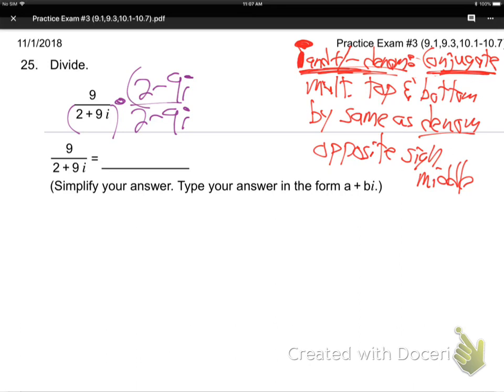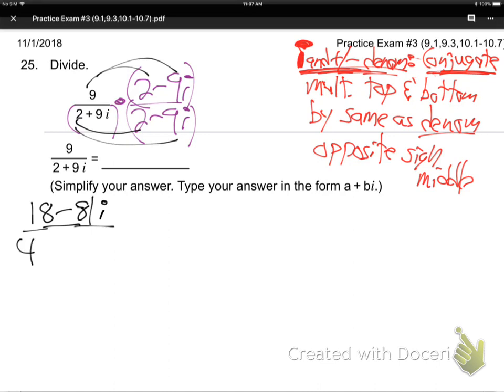Okay, and so let's do it. So this 9 goes boom, boom. And so we're going to get 18 minus 81i on the top. On the bottom we're going to go boom, boom, so it's going to be 4 minus 18i.